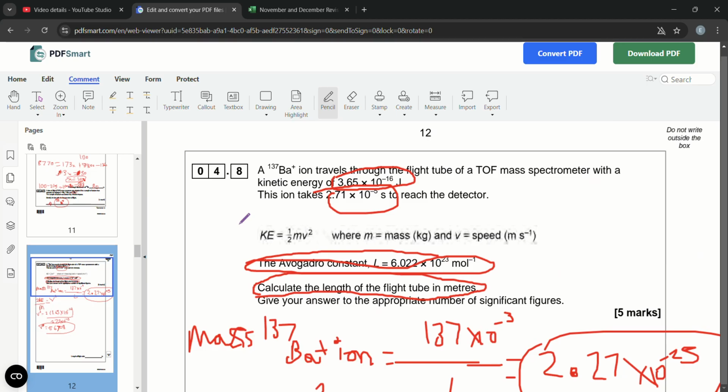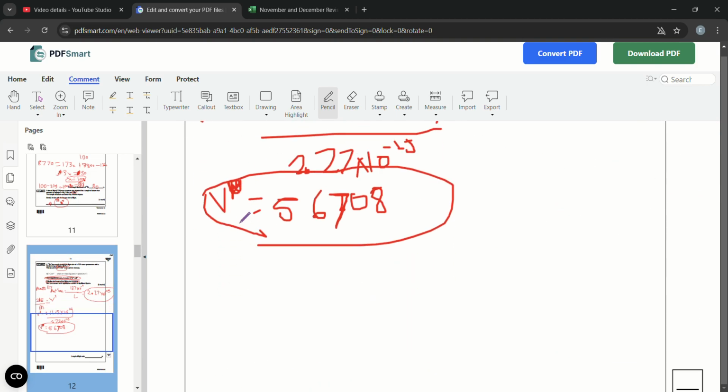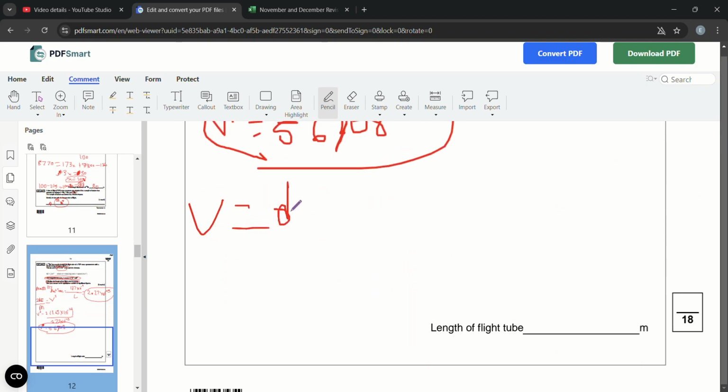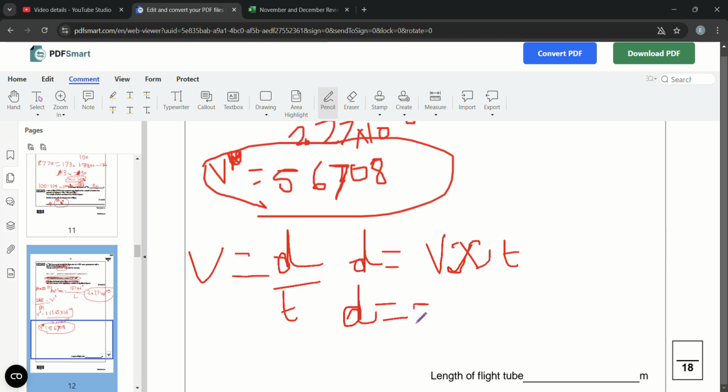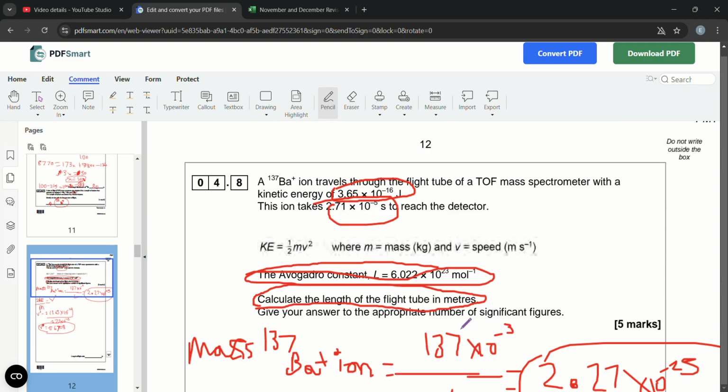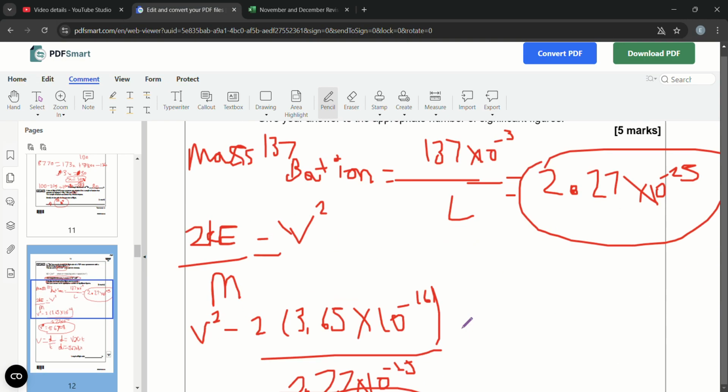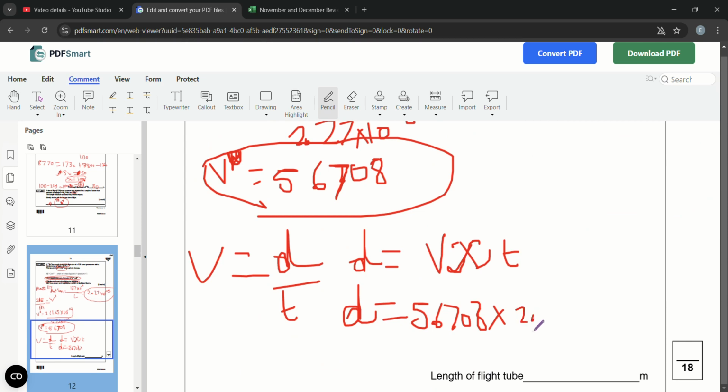Now to find the length of the flight tube, well, we know velocity is equal to distance over time, so distance is velocity times time. Distance is equal to 56708 times the time, which is 2.71 times 10 to the power minus 5.